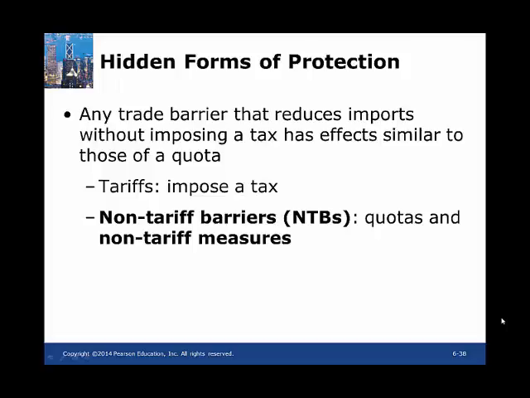Hidden forms of protection. Any trade barrier that reduces imports without imposing a tax has effects similar to those of a quota. Tariffs impose a tax. Non-tariff barriers, NTBs, include quotas and non-tariff measures.